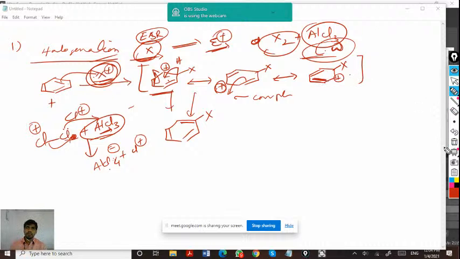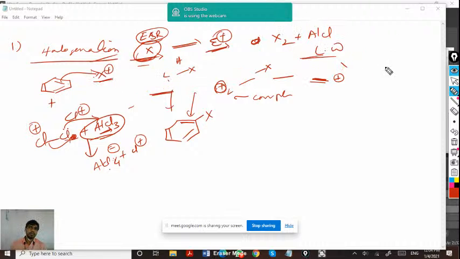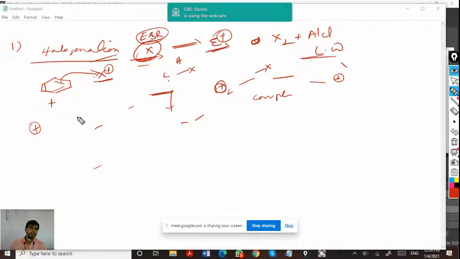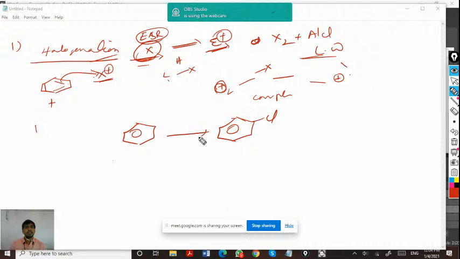So let's go with the particular examples. If I try to make chlorobenzene, I need to take benzene and chlorine in the presence of AlCl3. So Lewis acids: general Lewis acids will be FeCl3, AlCl3, ZnCl2, FeBr3, and BF3.